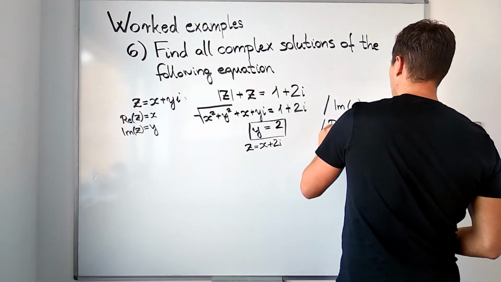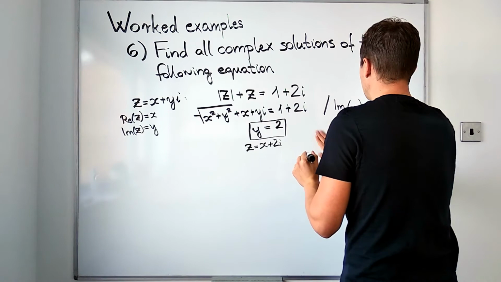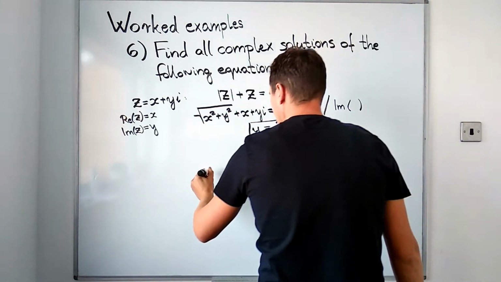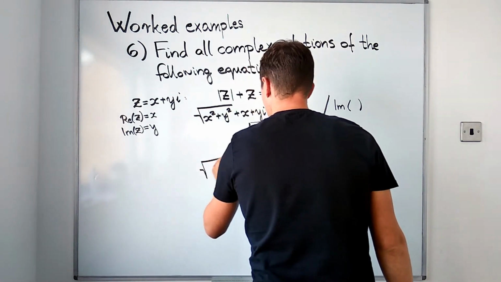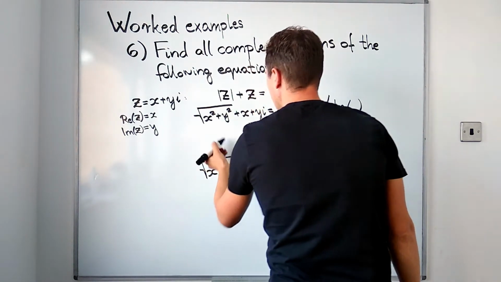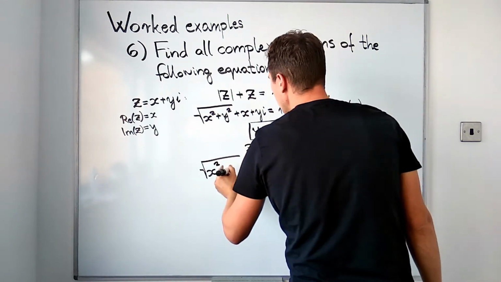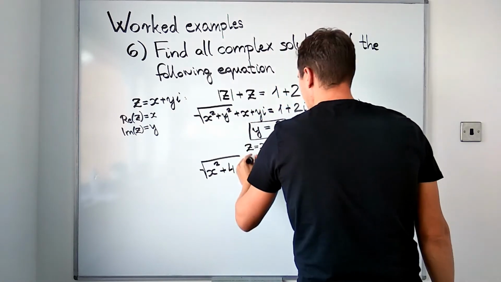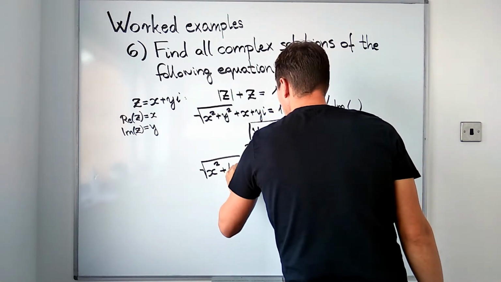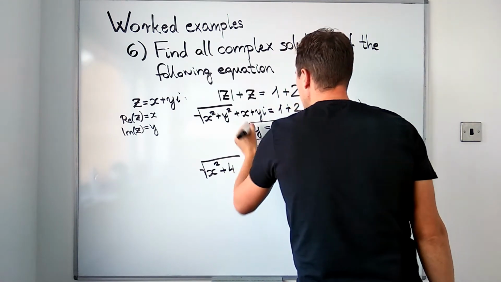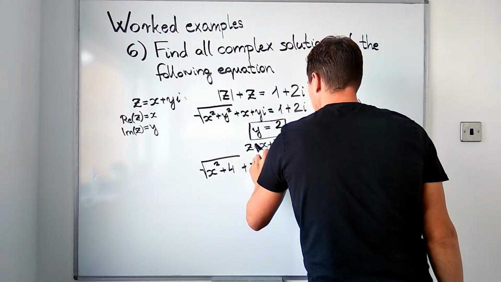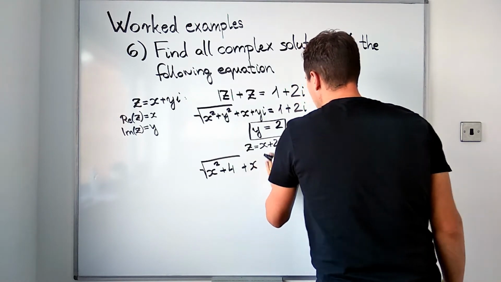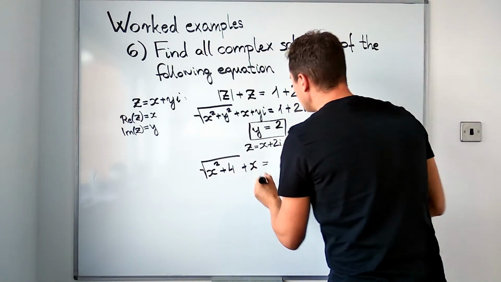We'll get the square root of x squared plus y squared, but y we know is equal to 2, so that's 4, plus x equals, to that we add x plus 2i, and that should be equal to 1 plus 2i, but since we have taken the real part, it's only x that we have here.